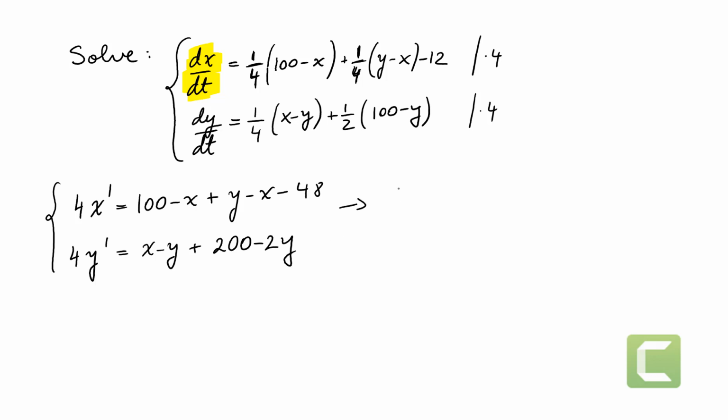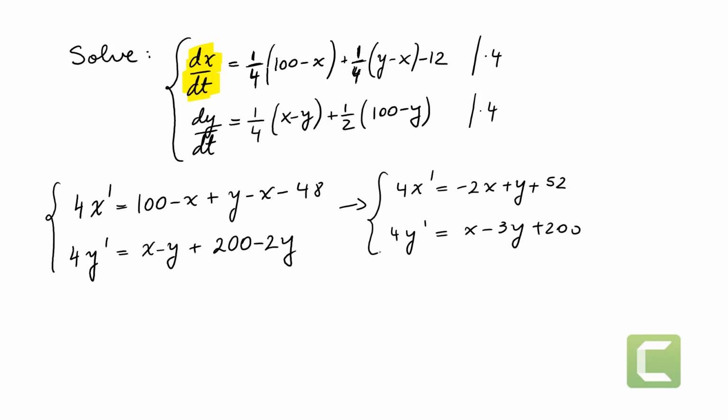So let's add like terms, and we get 4x prime equals negative 2x plus y plus 52, and 4y prime equals x minus 3y plus 200.